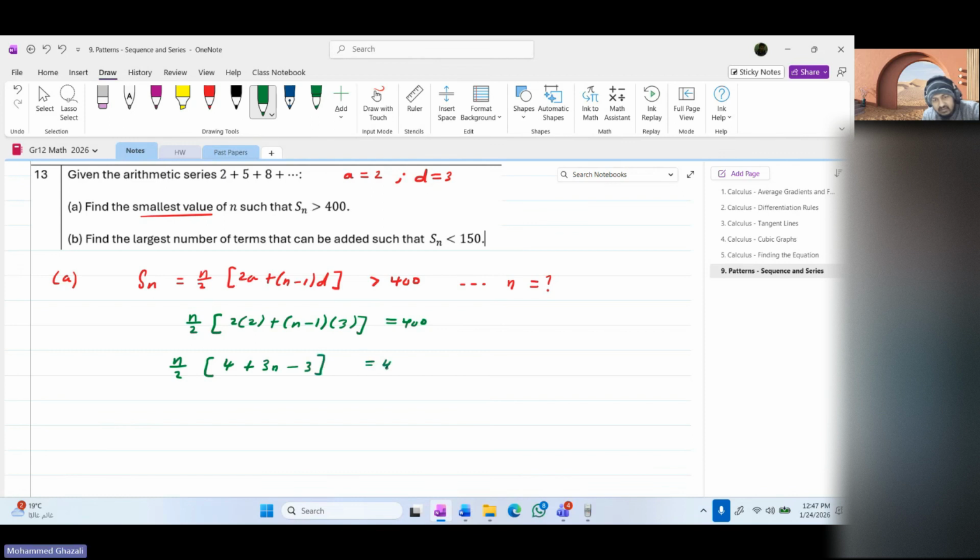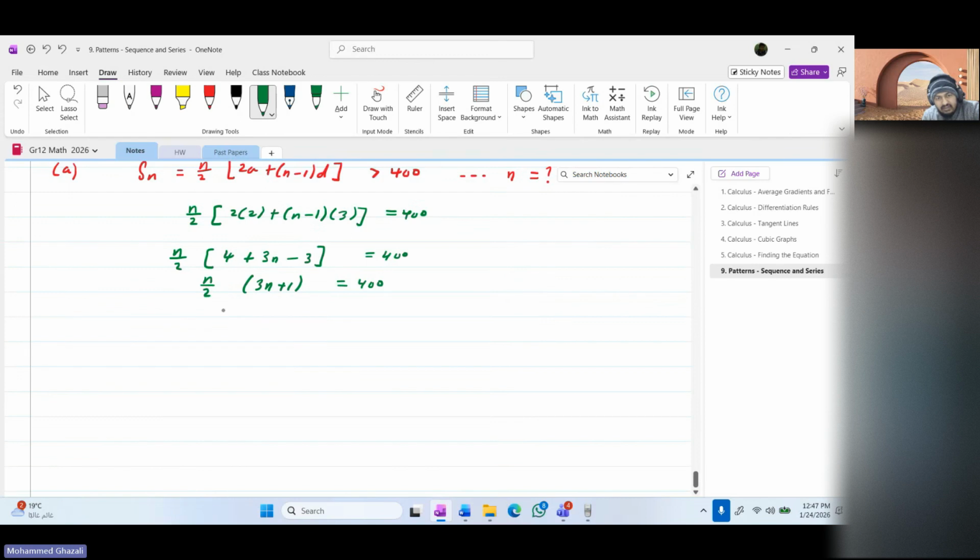Minus 3 is equal to 400. So this is 3n plus 1, right? And this is n over 2 equal to 400.